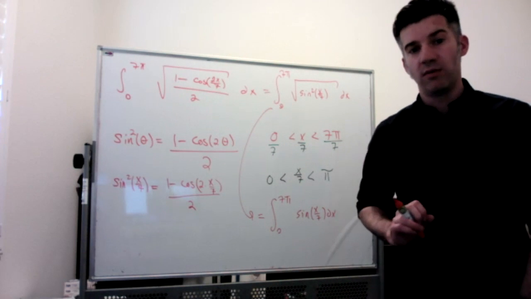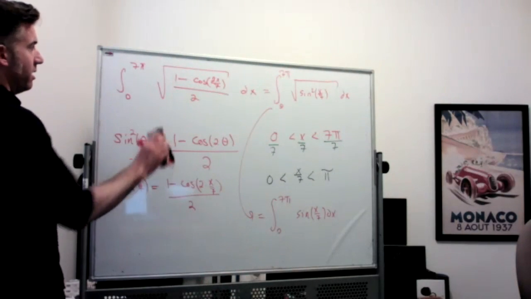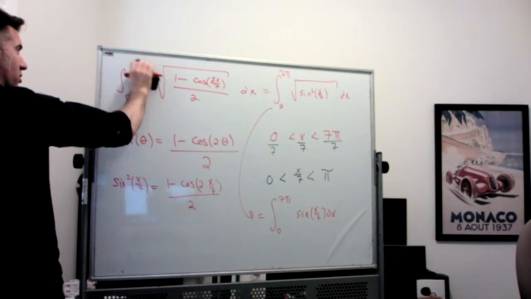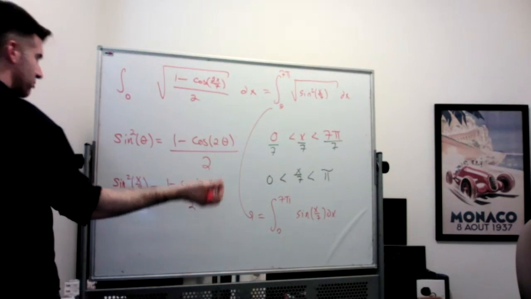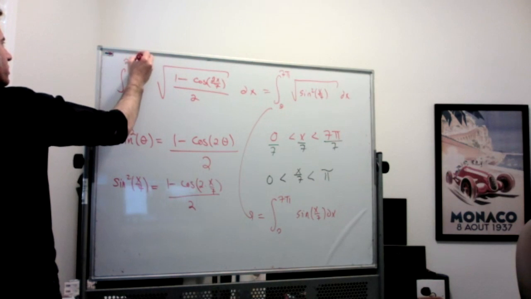Let me change the problem a little bit. Let's say instead of going to 7 pi, we were going to 21 pi over 2.